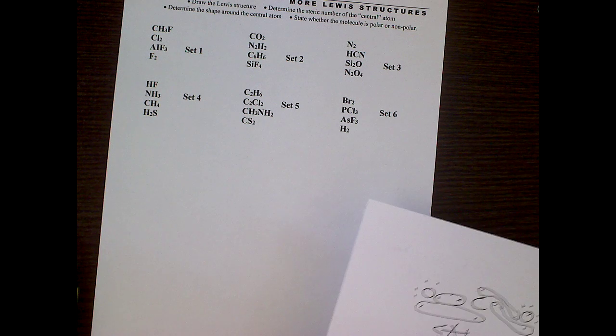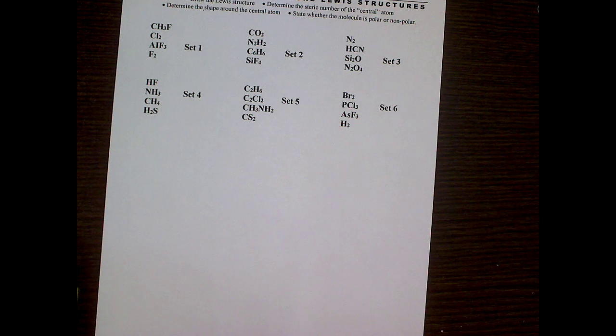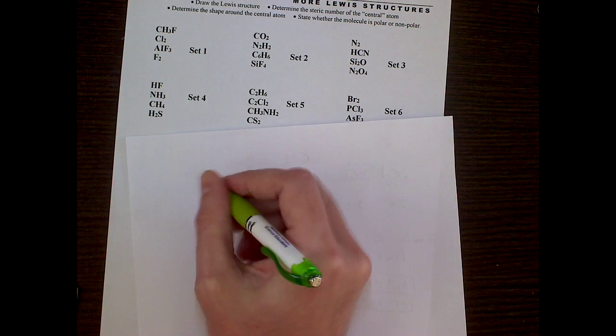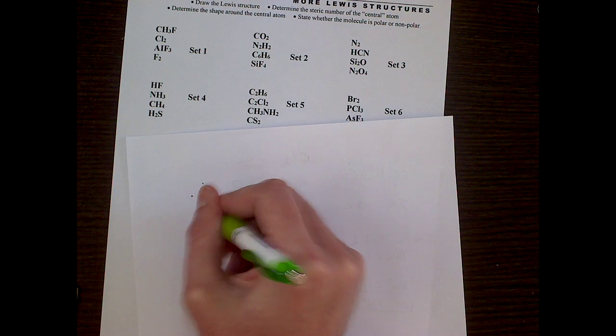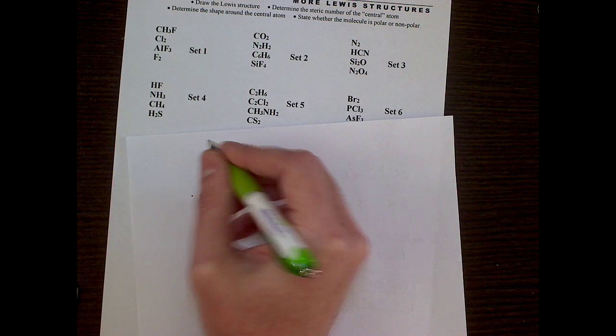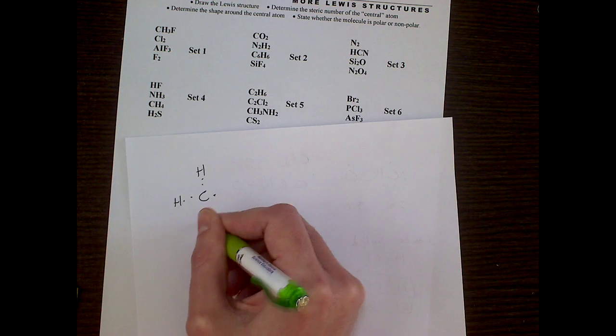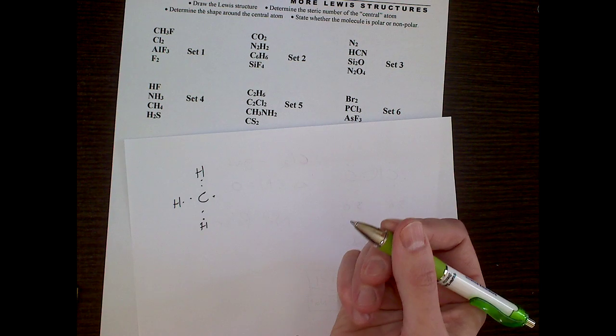We did a linear shape there. I'm going to jump down to this one right here. Let's do a little bit bigger one, okay? So we've got carbon, 1, 2, 3, 4, and I've got 3 hydrogens with that, 1, 2, 3.